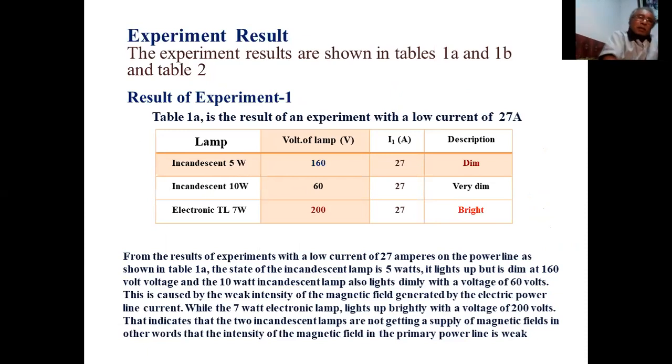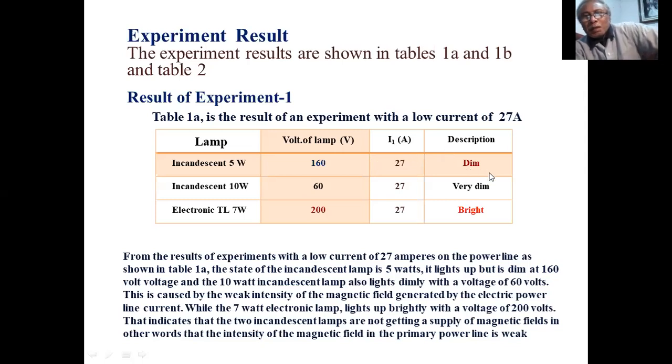And this is the result of the experiment, as shown in table 1A. We can see, for the incandescent lamp 5 watt, the current flowing in the power line is 27 amperes. For the 5 watt lamp, the voltage on the lamp is 160 volts.